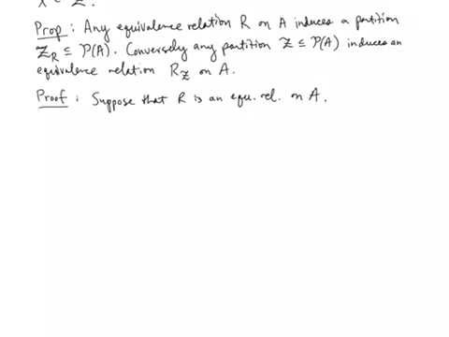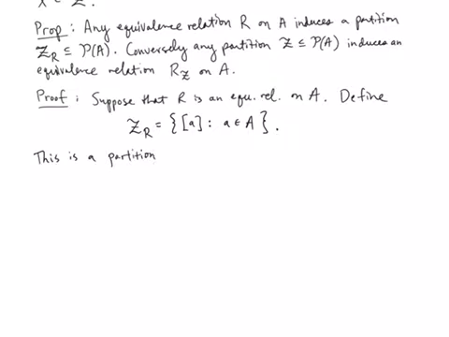So we just define Z sub R to be the set of equivalence classes [a] such that a is in A. Okay, so then we just have to check that this is a partition of A. And the reason is, we've already said it.